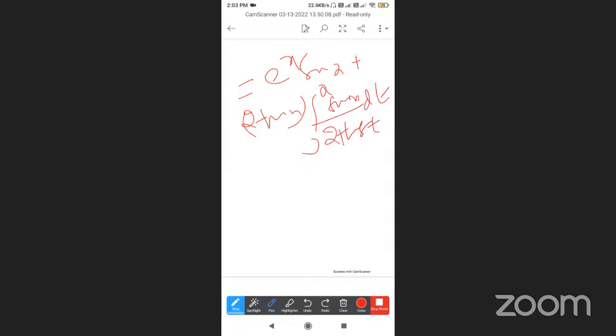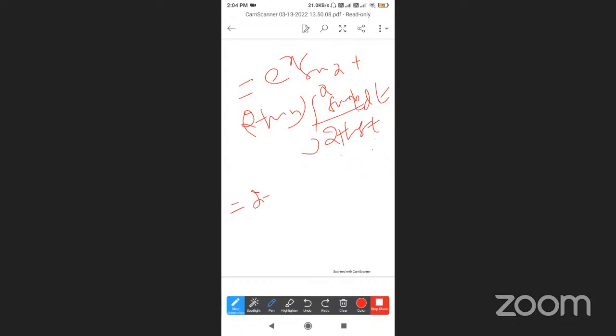What is the numerator? It is the derivative of the denominator, f dash x by f of x is the log of f of x. The derivative of cos t is minus sin t, so numerator only plus sin t.